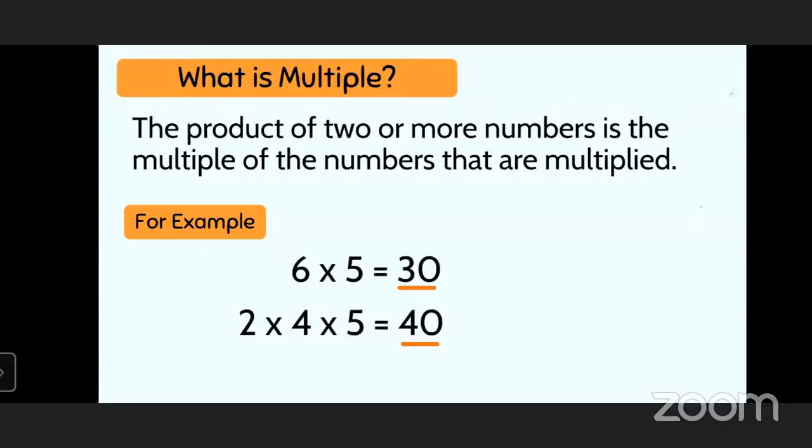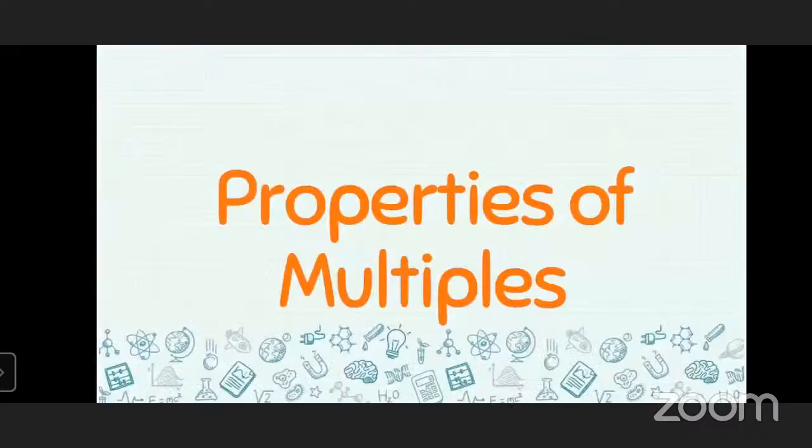Very good. The product of three numbers, 5 multiplied by 5 multiplied by 5, is equal to 125. Very good. Likewise, if I multiply 7 multiplied by 2 multiplied by 10, we get the product 140. Right? Yes. Okay.